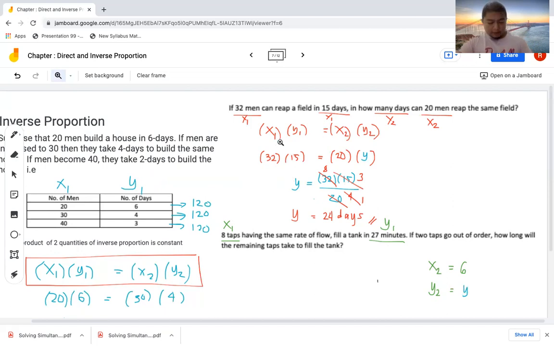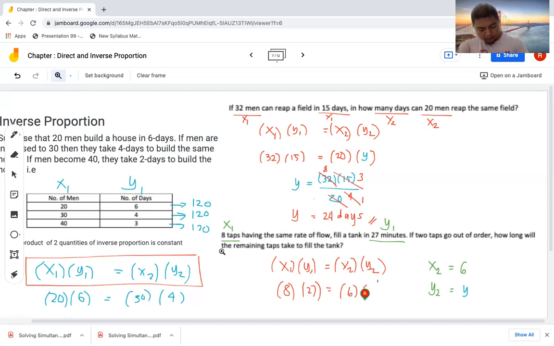And knowing the same equation, and knowing that x sub 1 times y sub 1 will give you the same result as x sub 2 times y sub 2, all you need to do is to just substitute the values based on how you analyze the question. So this is 8 times 27, which will give you the same value as 6 times the value of y.